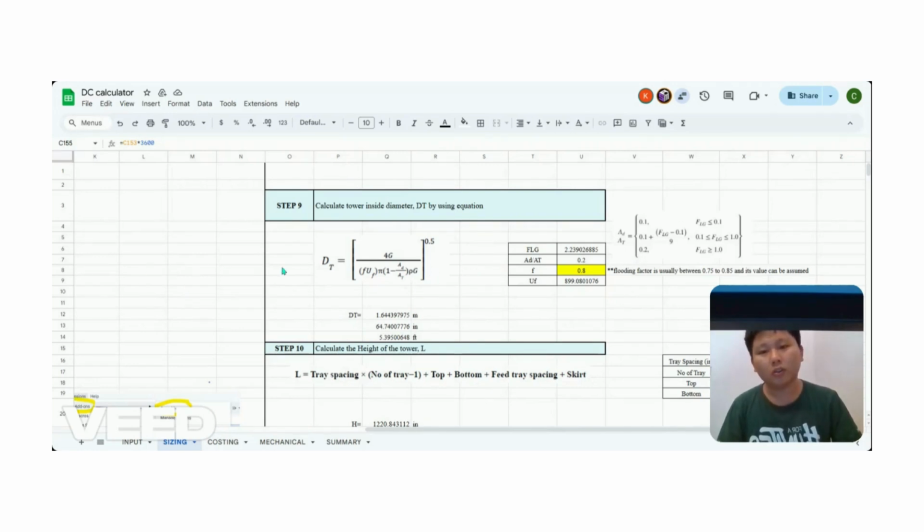So how do we manage to get the value of AD over AT?